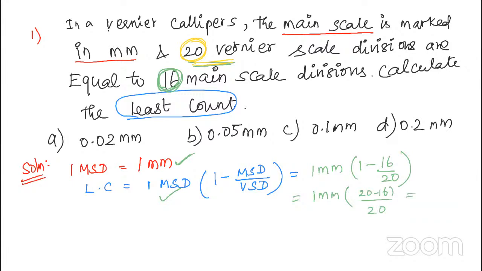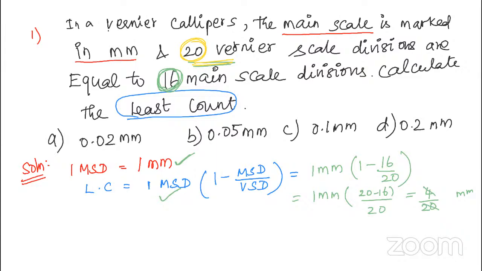We can put the unit here. 20 minus 16 is 4, divided by 20.